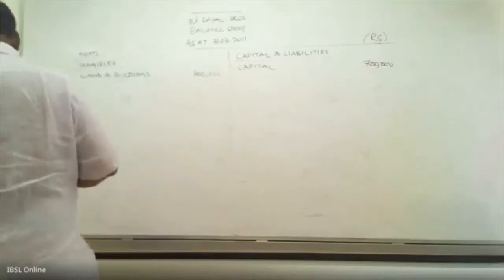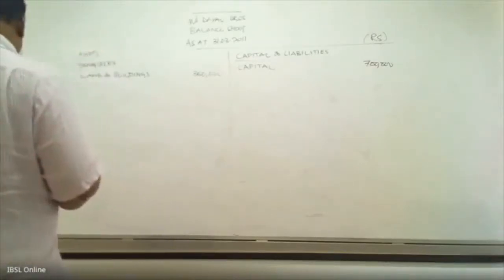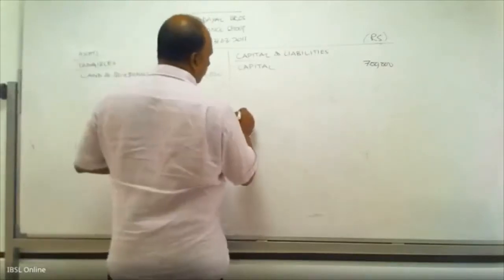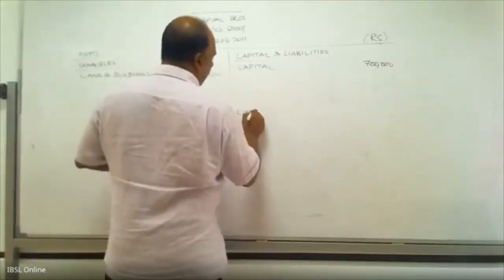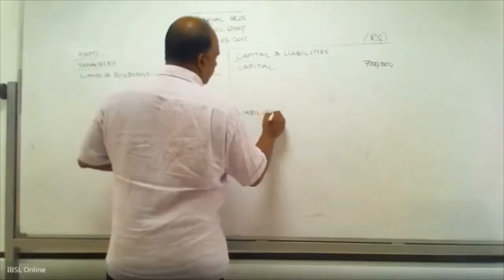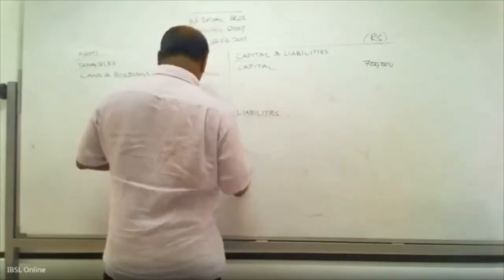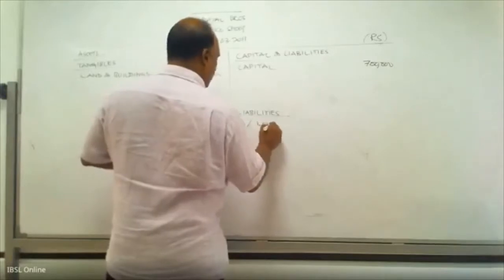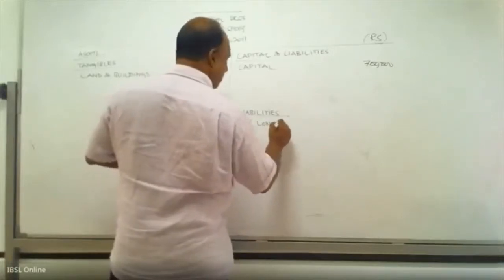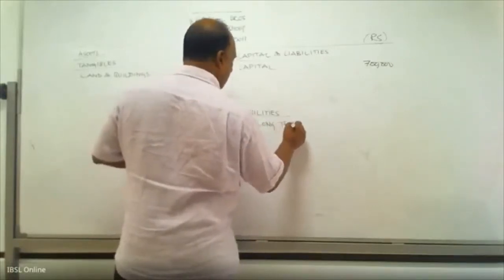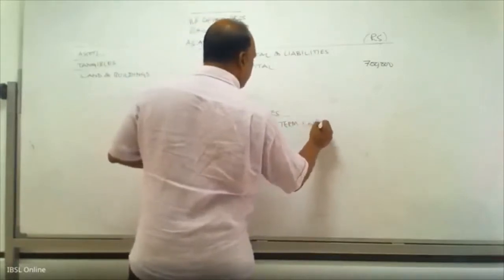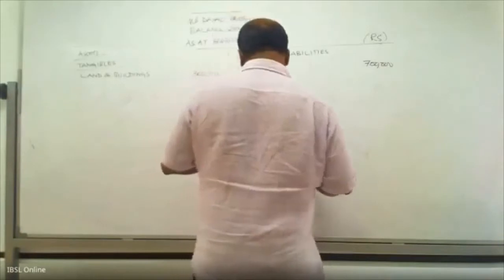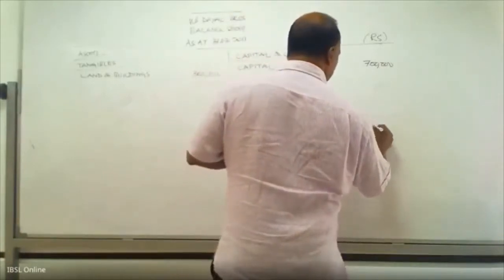Then you have a 14% term loan. Term loan means that is a long-term liability. So here we will have liabilities, the 14% long-term loan. That will be 400,000.